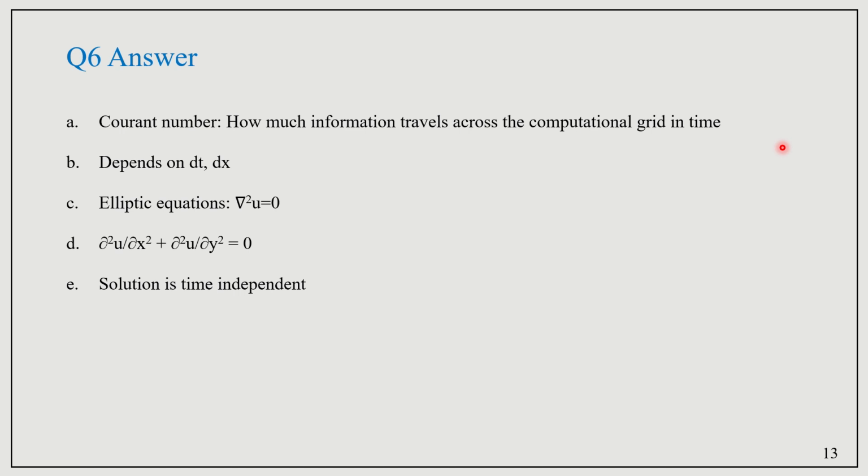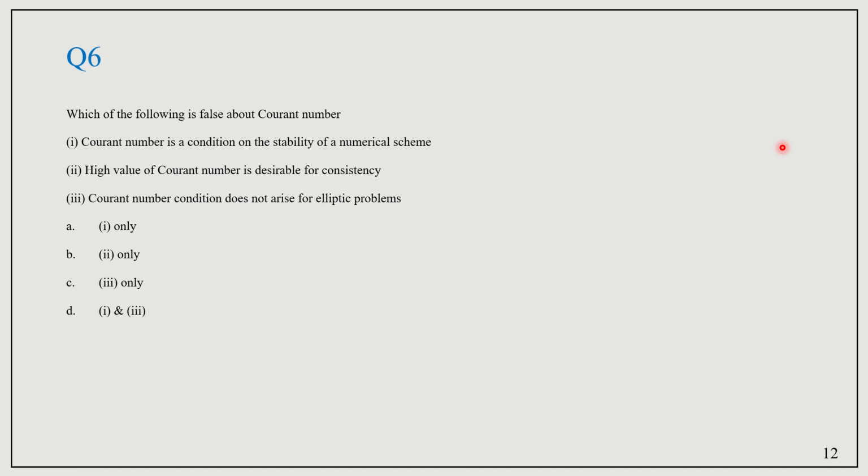So option B: 2 is false and 3 is true. It is independent of the time step, and the Courant number condition does not arise for elliptic problems. Also, the Courant number value should not be high. It should be low and within certain bounds. So that is for question 6.